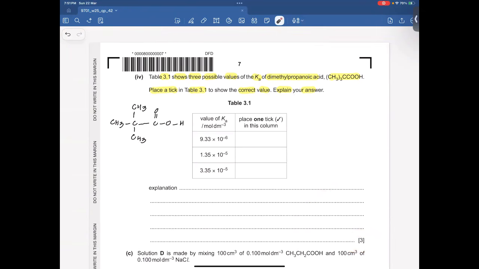In the class, I have told you whenever electron donating alkyl groups are attached to any carboxylic acid, the acid strength always decreases. If acid strength decreases, obviously the value of Ka becomes higher.